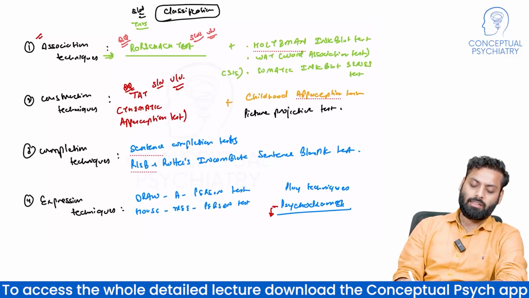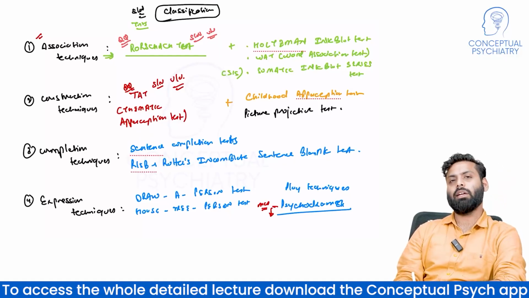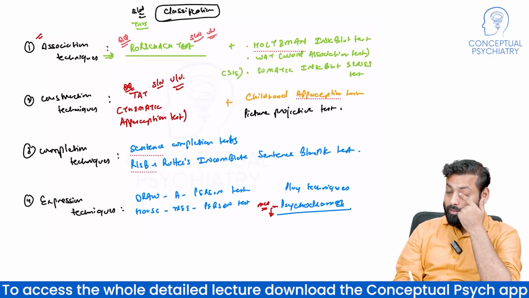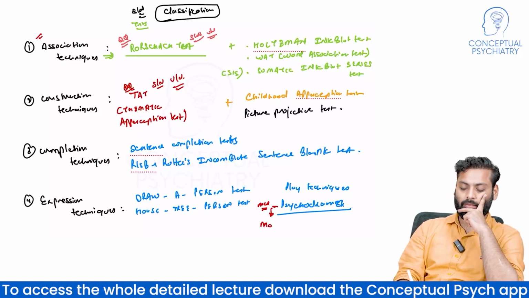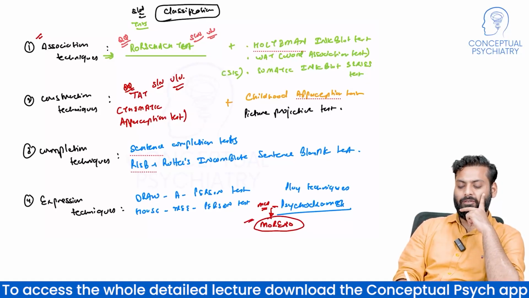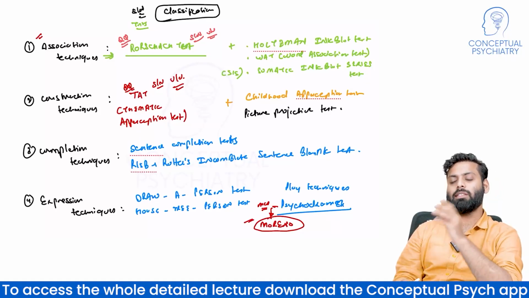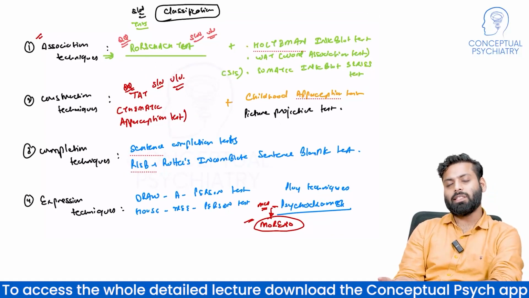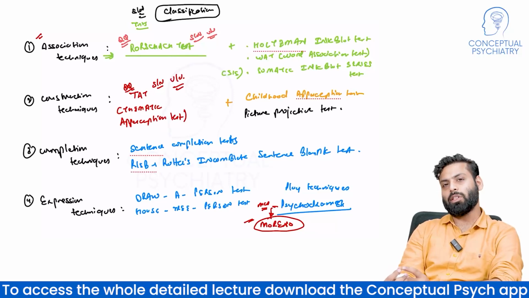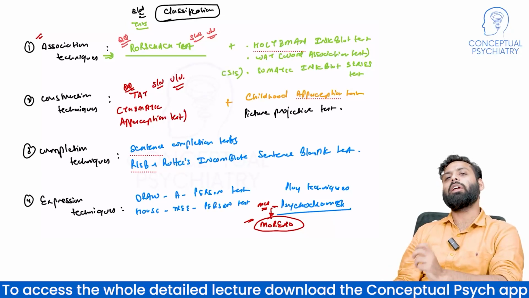One MCQ here: psychodrama was given by which scientist? Viva, MCQ, whatever you want: Moreno. Wherever the scientist name is important, please keep remembering. Initially it seems boring, but over time, whenever you discuss with colleagues or seniors on rounds, better to say Moreno psychodrama.